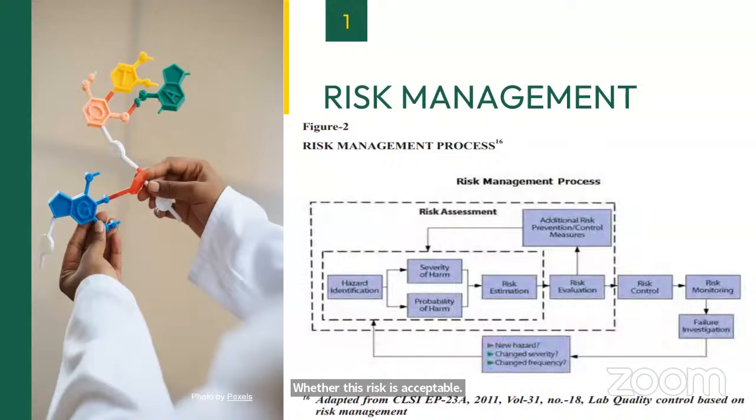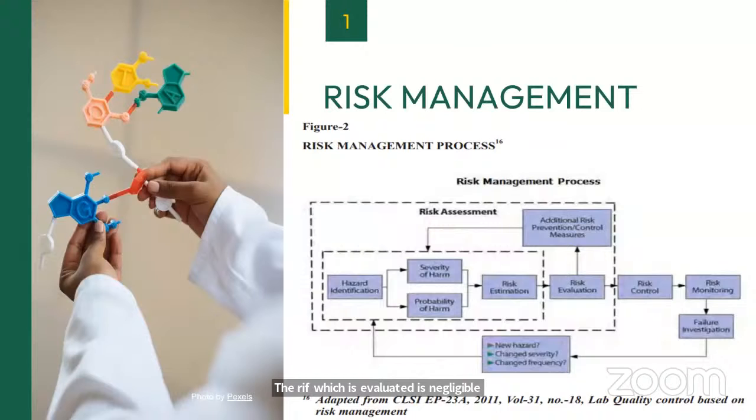Now we know the severity of misidentification of the patient is severe or catastrophic. But for the probability, you have barcode stickers, appropriate patient identification, and patient tags; all the things are in place and everything is followed appropriately. And in a year, not a single patient has been misidentified. That means the risk evaluated is negligible.